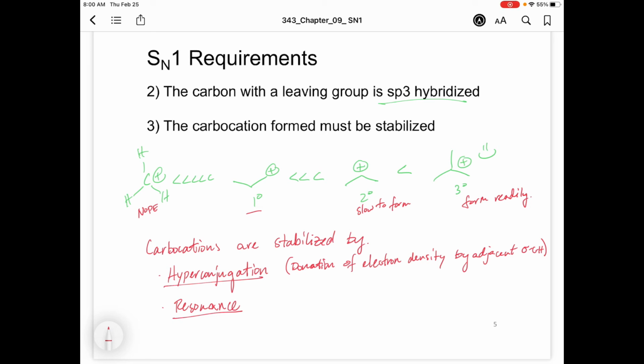Resonance can stabilize carbocations. So let's say, for example, we had a benzyl chloride. I could draw this chlorine coming off. Okay, we draw what didn't change. There's the benzene ring. I have a carbon there, and it looks primary. However, we know, because we have practiced lots of resonance, that this carbocation, this positive charge, is not being carried only by that carbon.